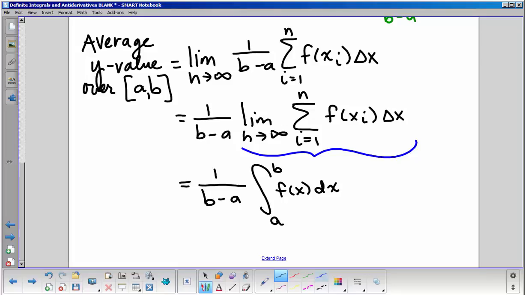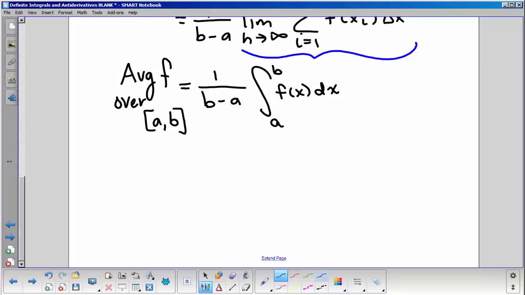So I'm saying to you that the average y value, or average f, over the interval from a to b is going to be the area under the curve divided by b minus a. It's almost like you're summing up all the y values and dividing by the number of them. Almost, right? With the Roman S for sum.